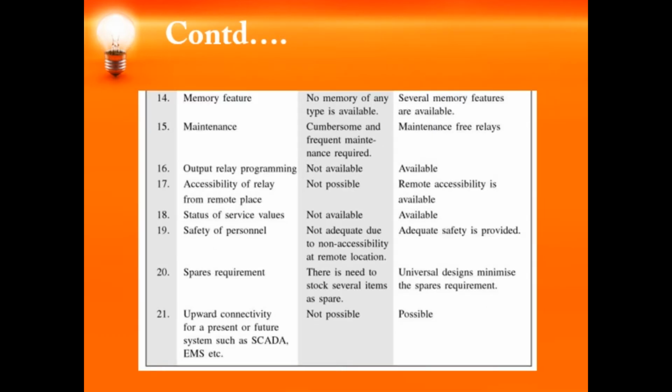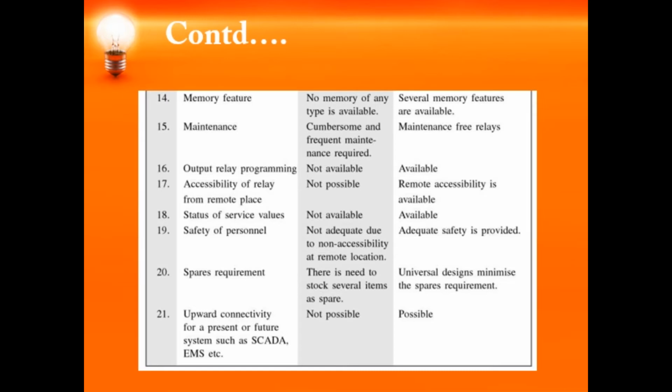Next, coming to the memory feature, you know that it is available in numerical relays, whereas it is not at all available in electromechanical type relays. And maintenance, which is a very important feature: electromechanical relays require a lot of maintenance when compared to numerical relays.